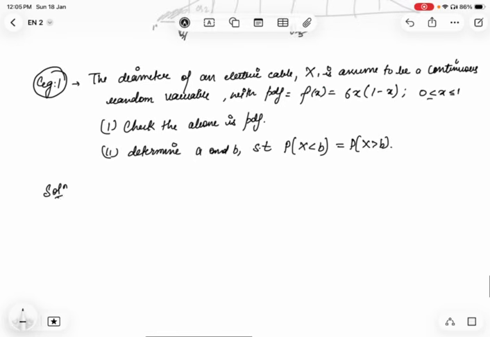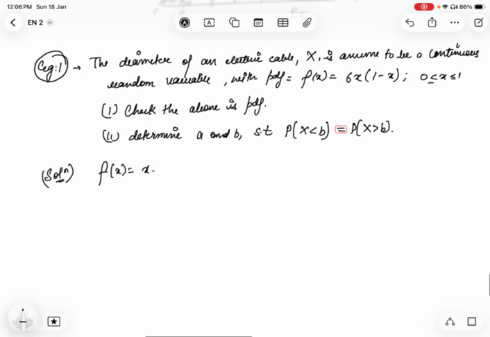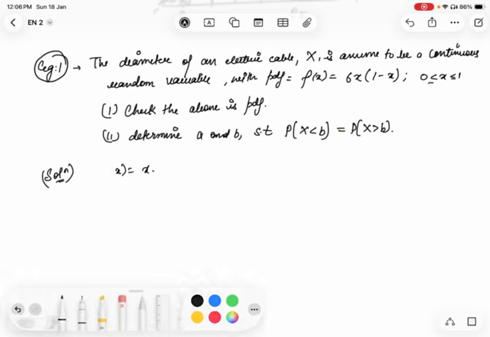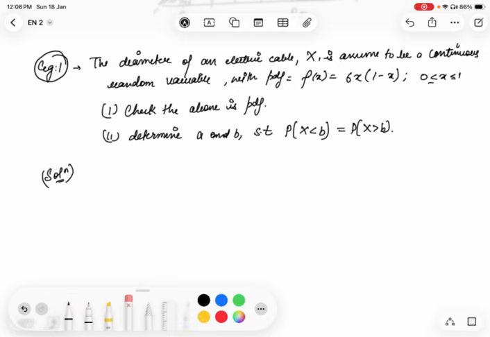See, suppose I have given some function, say f(x) is equal to x. Then how will you determine that it is a PDF? Because you don't sit and start proving what the sigma field is. So I will show how you do this.